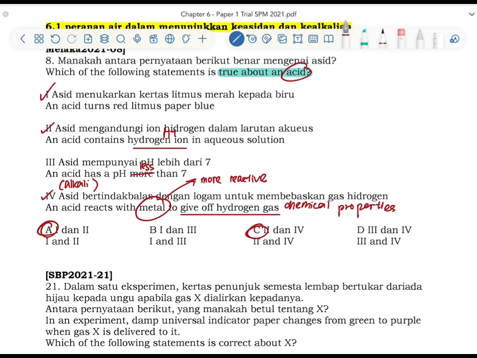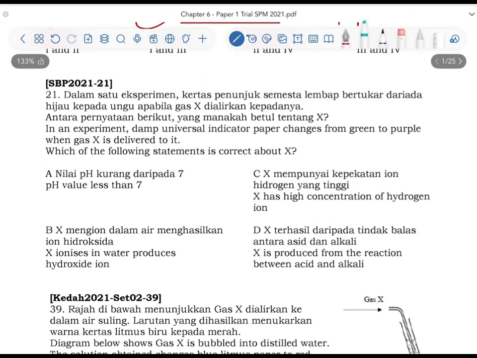In this case A is correct, but the last statement is also correct, with the more reactive metal. For example, acid reacts with metal to produce salt and hydrogen gas.